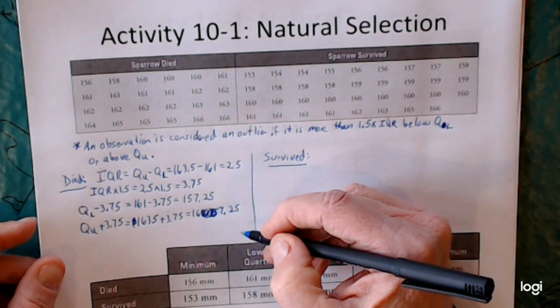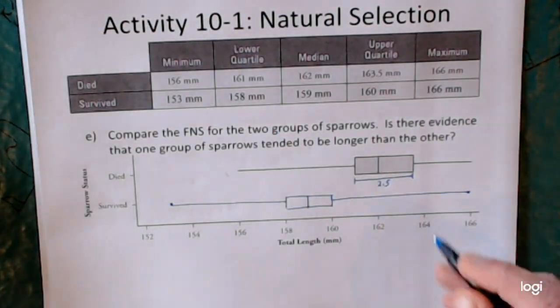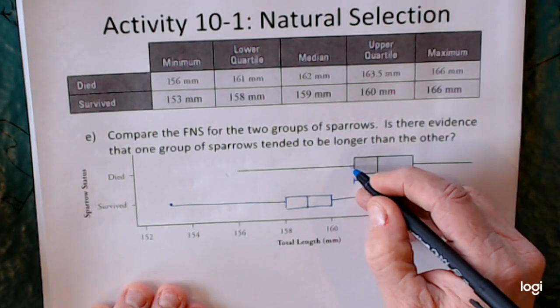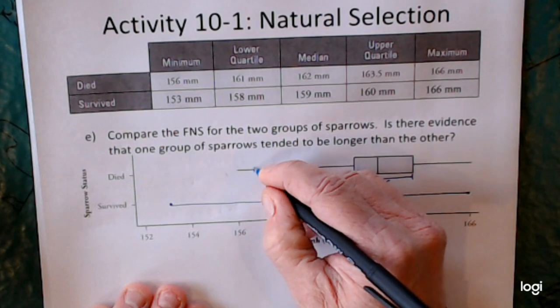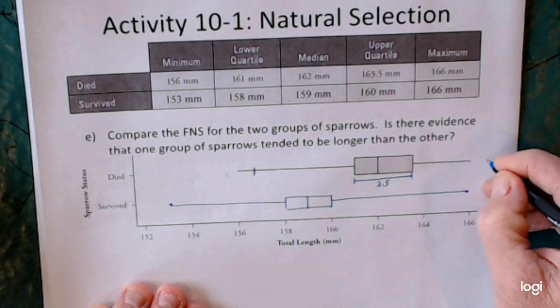That's the technical definition. So let's go over to our box plot again. What we're saying is if an observation is below 157.25, so there's 157.25, roughly, and here's 167.25 up here.